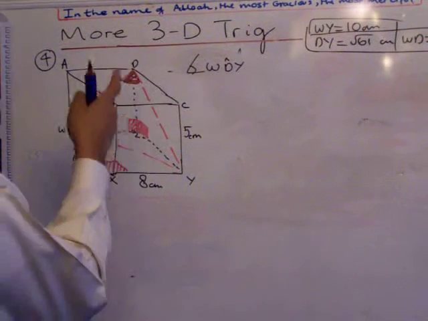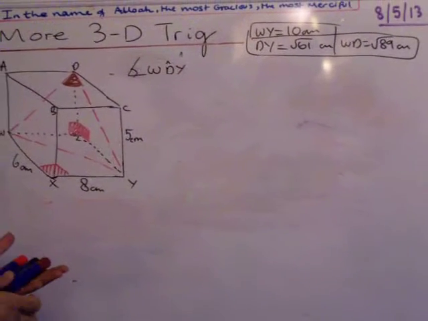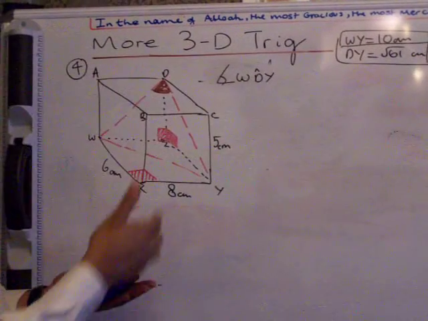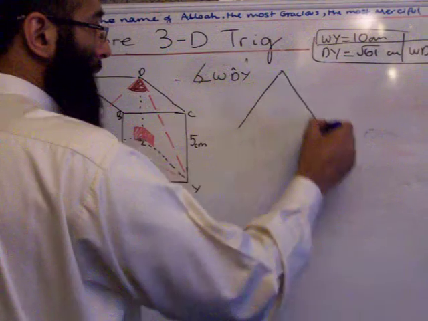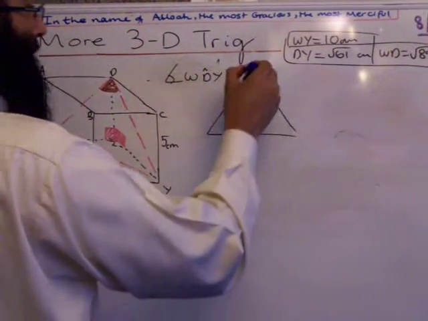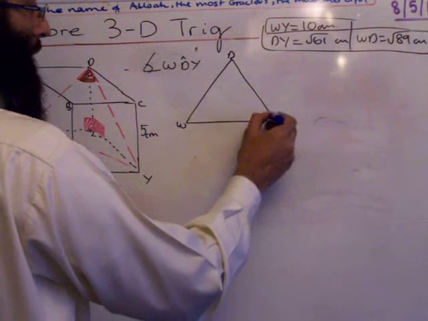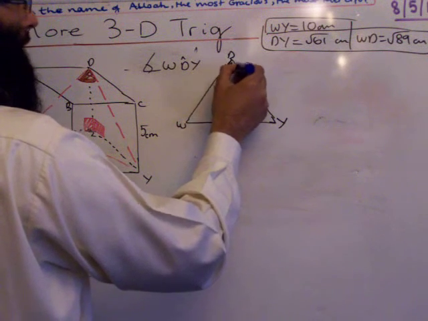So WDY is that angle over there. Now, if you look at this triangle here, that's going to give us a non-right angle triangle, because we've got all the diagonals, there are no right angles in that triangle at all. So I'm going to just redraw that triangle over here. There's my D, there's my W, there's my Y. And this is the angle that we need to work out.